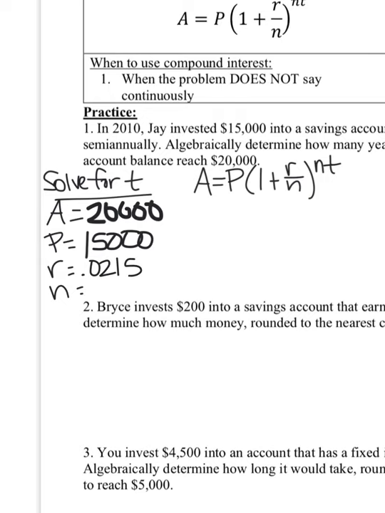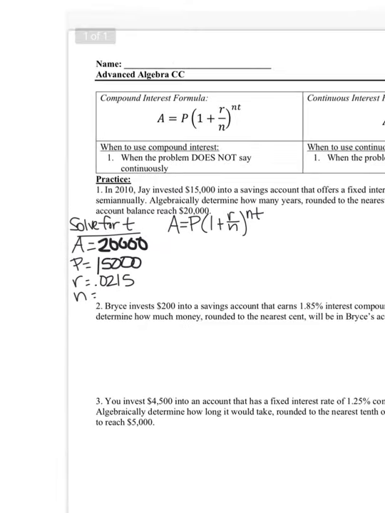And n comes from how many times a year it's being compounded. If you remember, semi-annually means that it's happening twice a year. So n is 2.